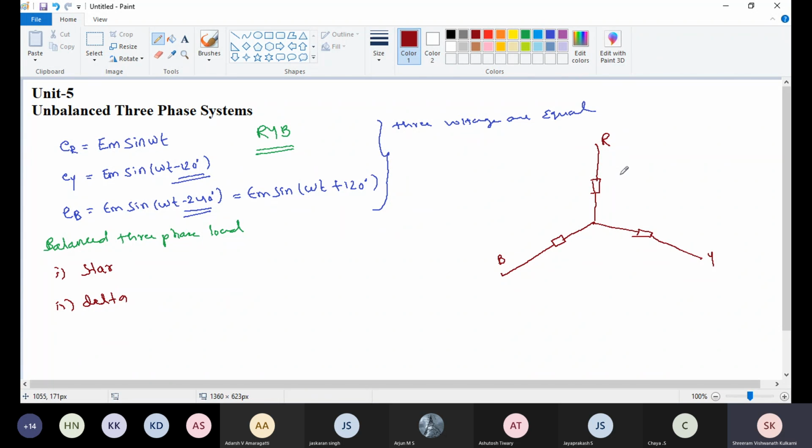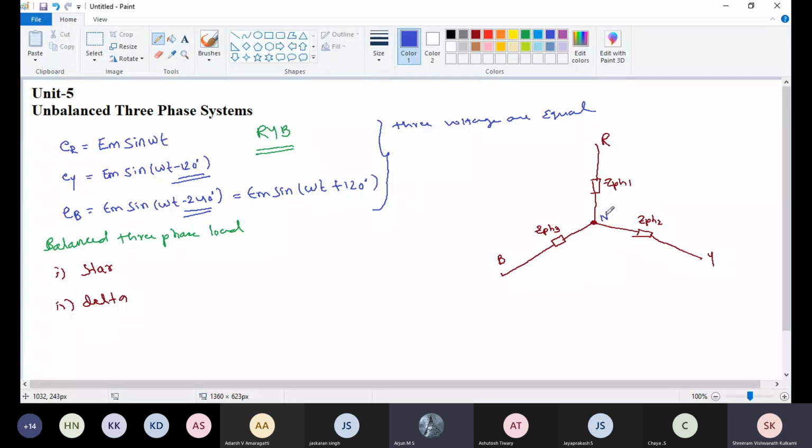This is my phase 1, Z phase 1, this is phase 2, Z phase 2, and this is Z phase 3. What will this point be called?